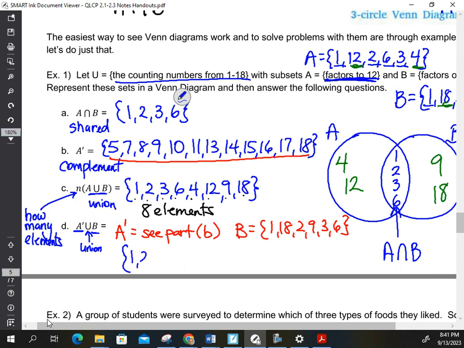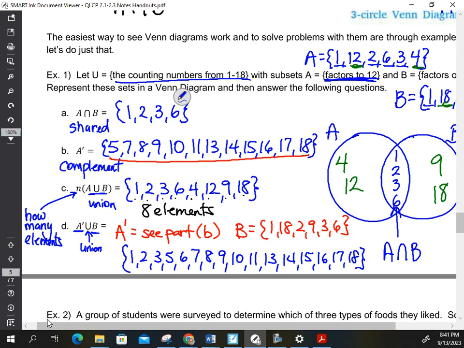So 1, 2, 3, 5, 6, 7, 8, 9, 10, 11, no 12, 13, 14, 15, 16, 17, and 18. Literally just taking them and putting them together. So there you have it. There's your union.